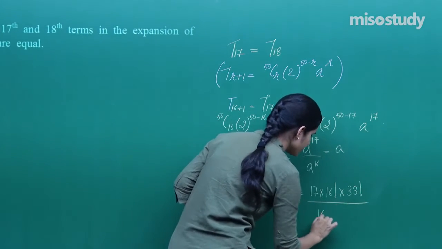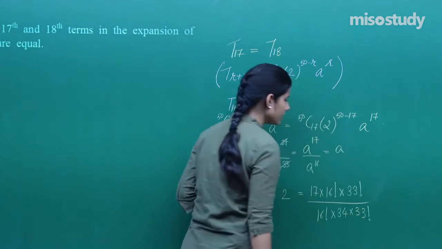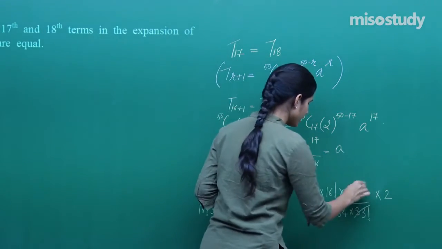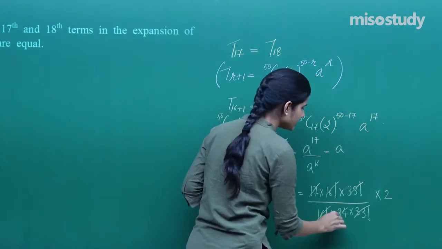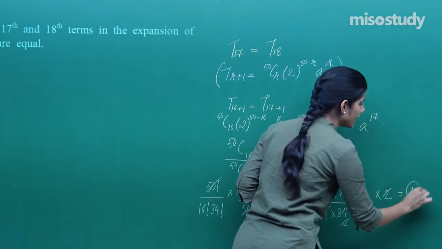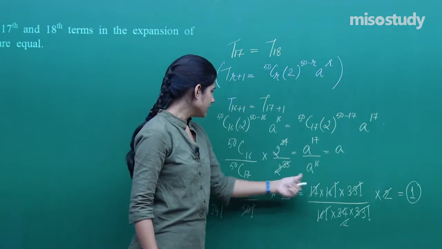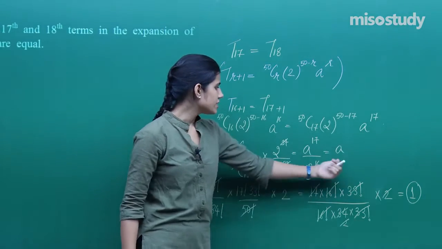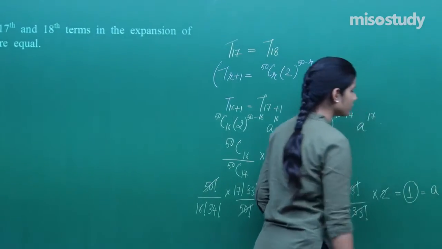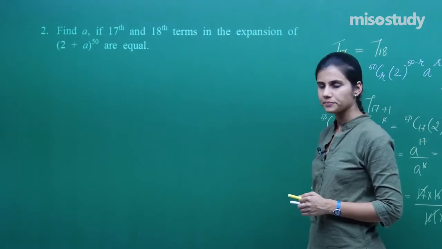In the denominator you have 16 factorial. 34 factorial can be written as 34 into 33 factorial, and into 2 you have. 33 factorial cancels out, this cancels out, 17 ones are 17, 17 twos are 34, this 2 cancels out. You have 1 as your answer for the value of a, right? This upon this into 2 is equal to a. This upon this into 2 is coming out to be 1, which is actually equal to a. So your a is 1 if the 17th and 18th terms of this expansion are equal.